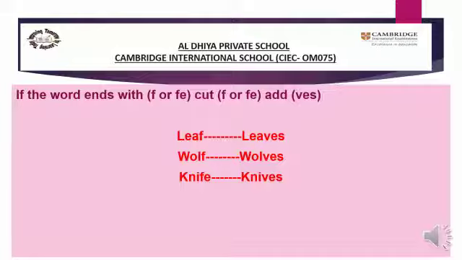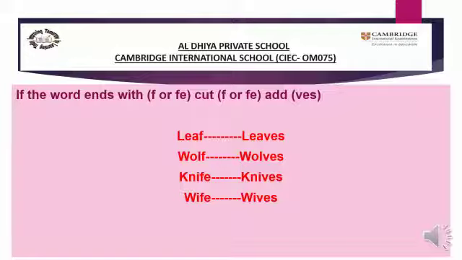In plural form, FE is not there. We say it knives, because in this word K is silent, so we do not pronounce it. In spelling we write it, but we do not pronounce it. So knife, knives.